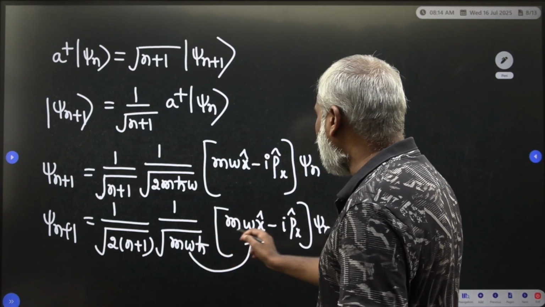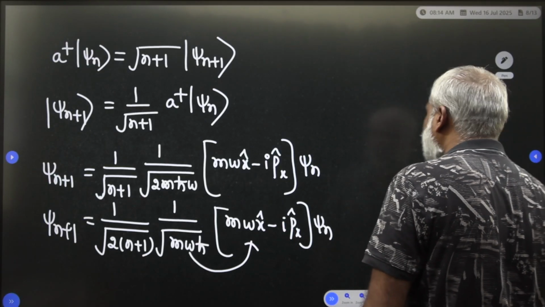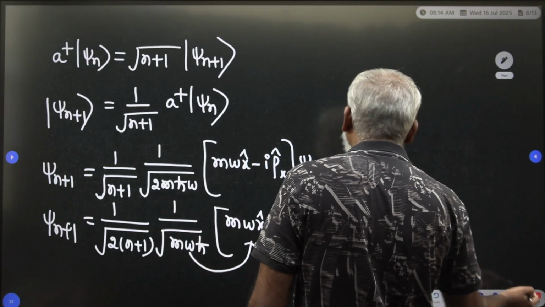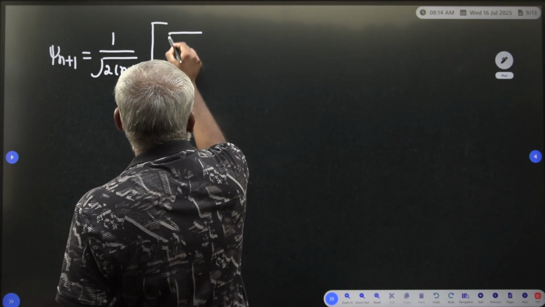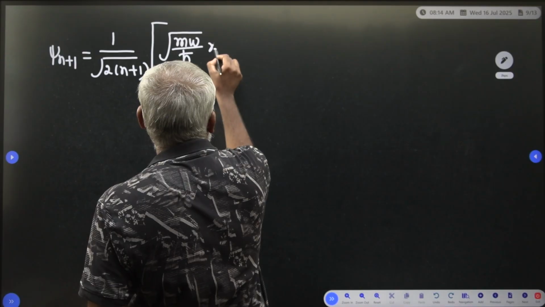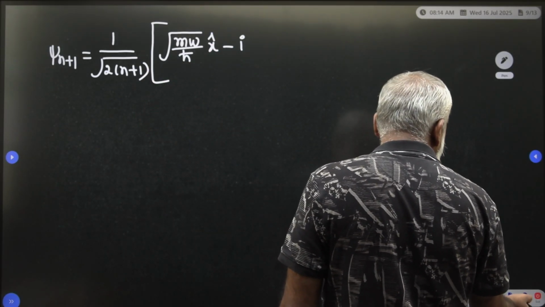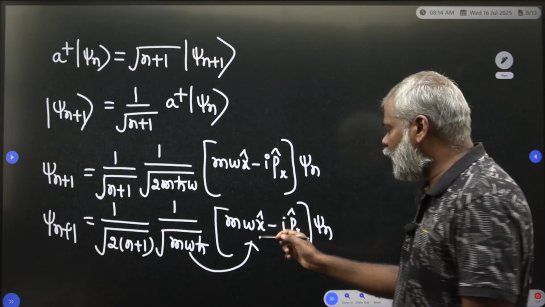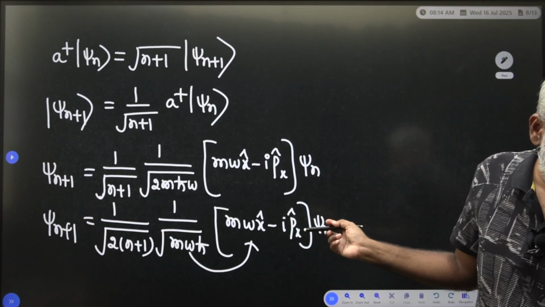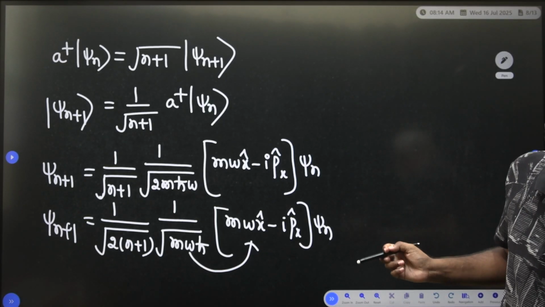So we get the square root of m omega divided by h cut into x cap, minus i into p x cap. You are able to take it inside.